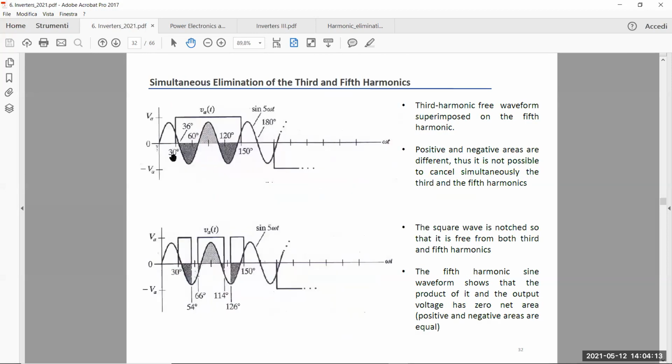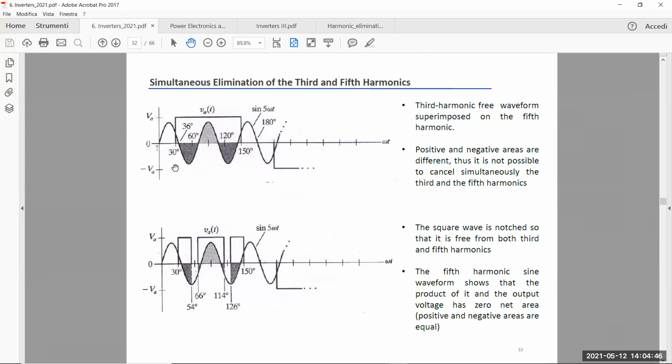What happens if I use the same angle, 30 degrees alpha, but not with the third harmonic, with the fifth harmonic, sine 5 omega t? The integral of the product extended to half the period will give us exactly B5, the amplitude of the fifth harmonic in the output spectrum. Now this waveform is a sine wave with 5 omega t, so it's 5 times the frequency.